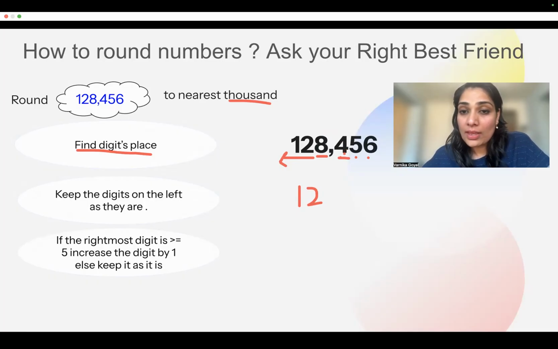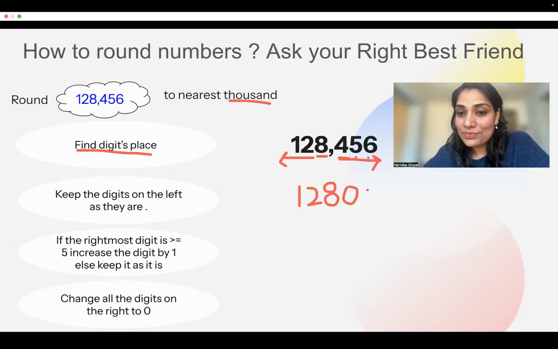See, he says, no way. I'm not greater. So fine, you say, I'll stay as I am. And you keep it what it was. And all the digits on the right of the target digit become 0. So 0, 0, and 0.